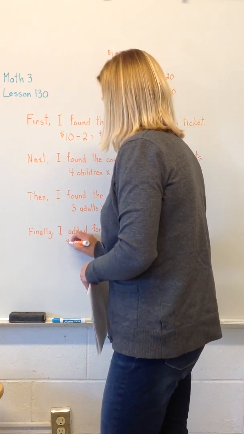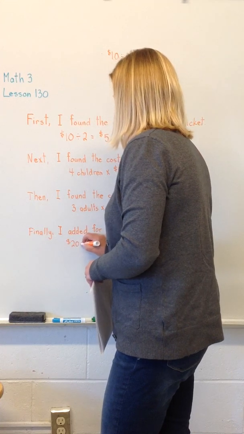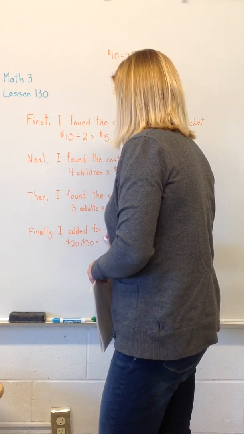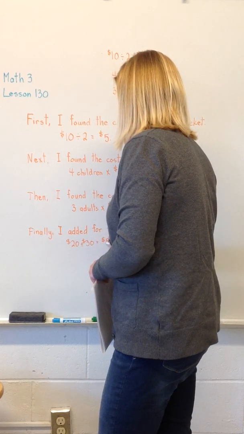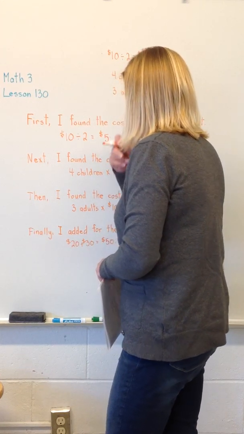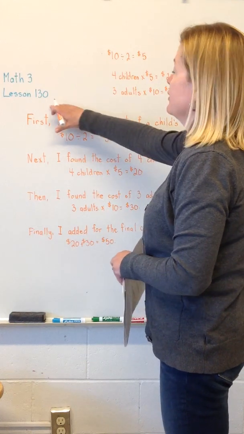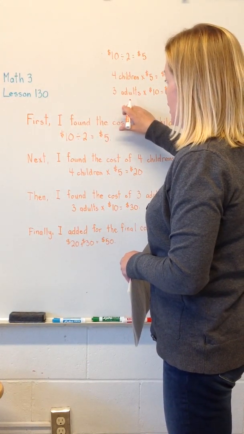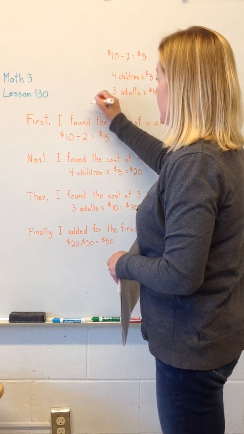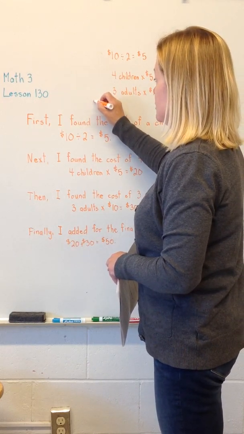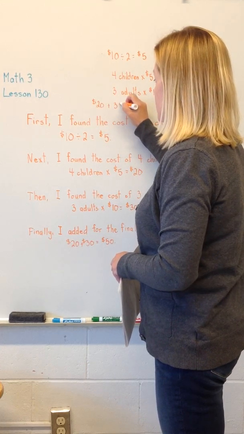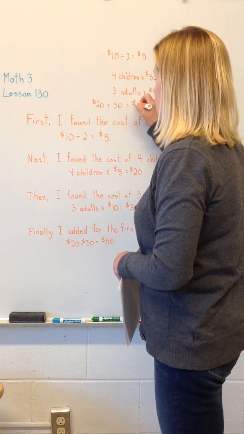We're going to add $20 plus $30 equals $50. Now remember, you have an answer line at the bottom of that box, so that's where you are going to write your last number sentence. You're going to write the $20 plus $30 equals $50 as your answer.